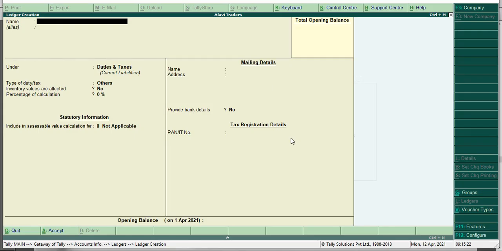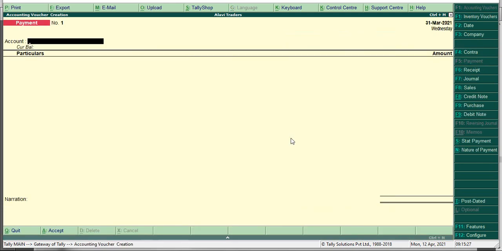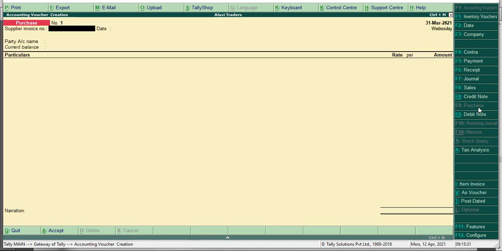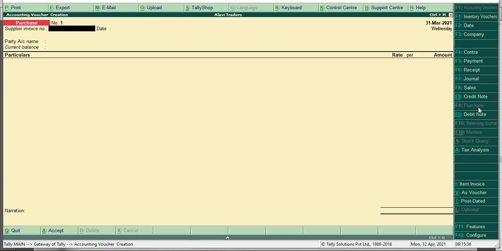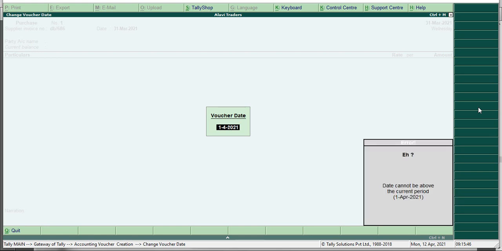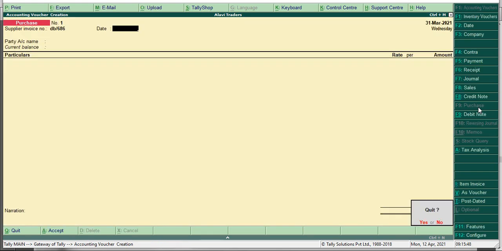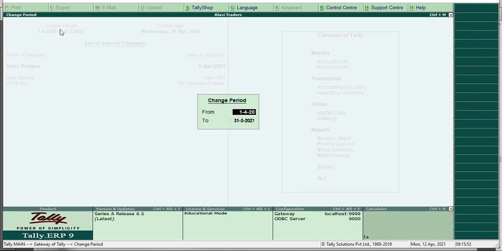So directly go to purchase voucher, go back, accounting voucher, under purchases. So the supplier number DB 686. So date we have to modify. First we have to change the period here. 1/4/2021, 31/3/2022.